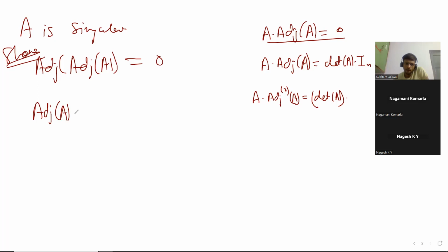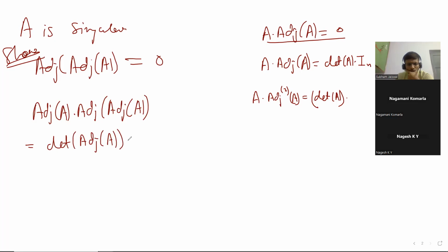Consider this expression; we use the property that this thing will be equal to determinant of adjoint of A times I. Right now we don't know that this is the zero matrix, but if we show that adjoint of A is singular, then we are done. You're saying if A is singular, then adjoint of A must be singular. Yeah, that should be correct.